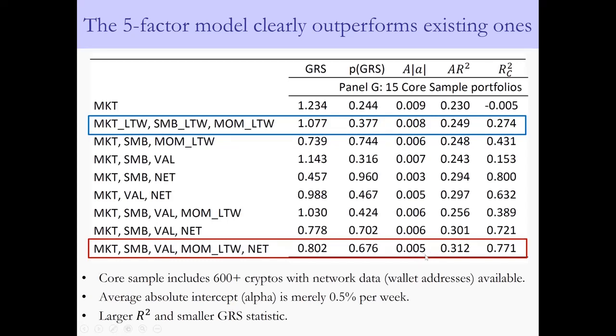I mean, to my knowledge, this is really the best model that can have such low average alpha. And also, in terms of average R squares and constrained R squares, they're bigger than the standard 3-factor model. And also the GRS statistic is lower.